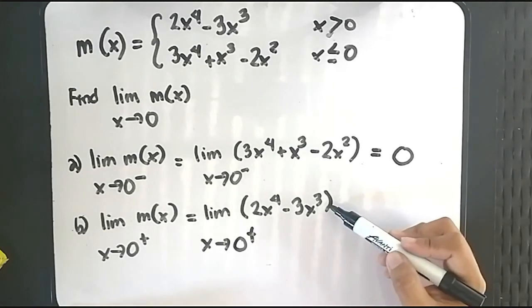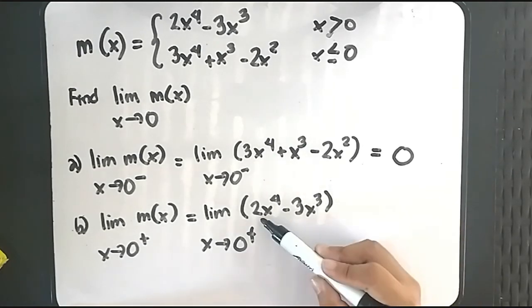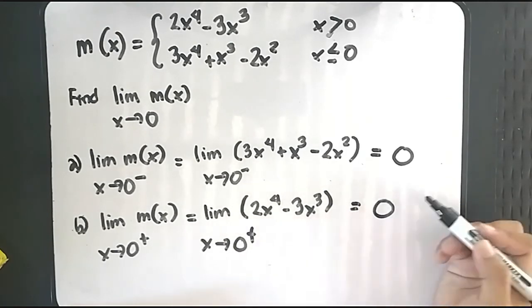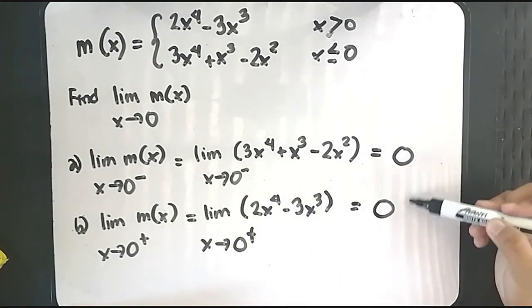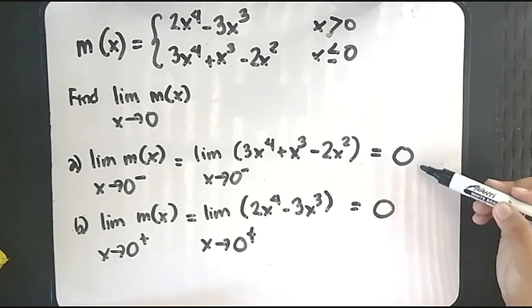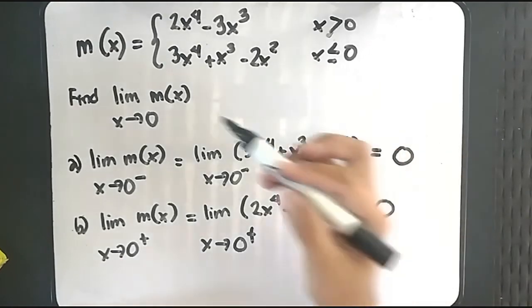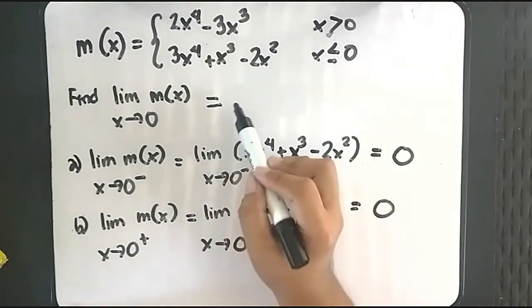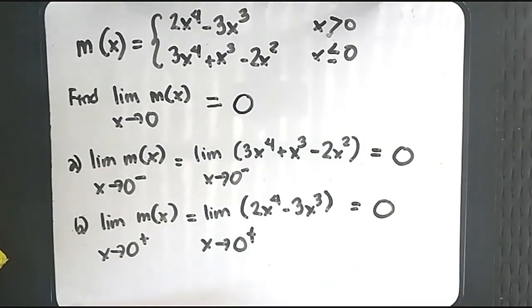So since polynomial ito, pwede lang nating i-substitute. So 2 times 0 minus 3 times 0, this is equal to 0. Observe that both limits are equal to 0. So by theorem 1, the limit of m of x as x approaches 0 is actually equal to 0.